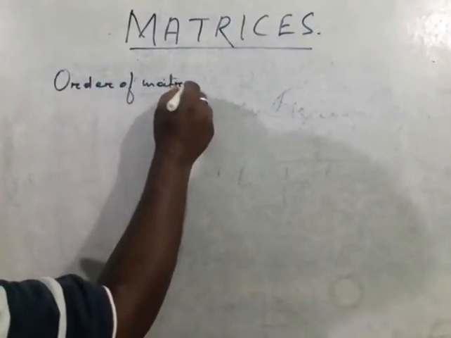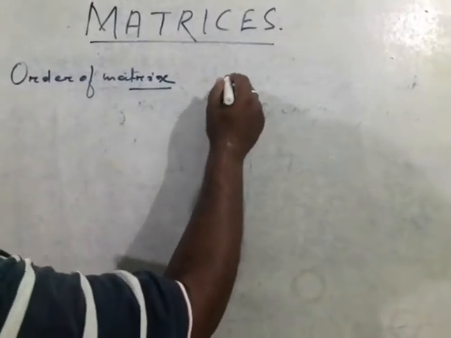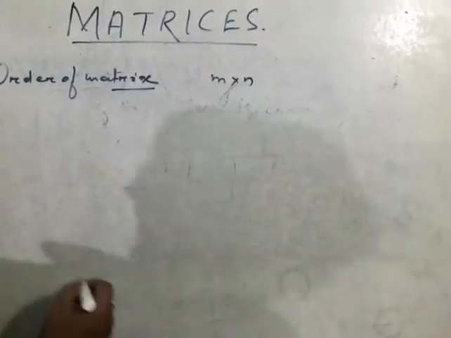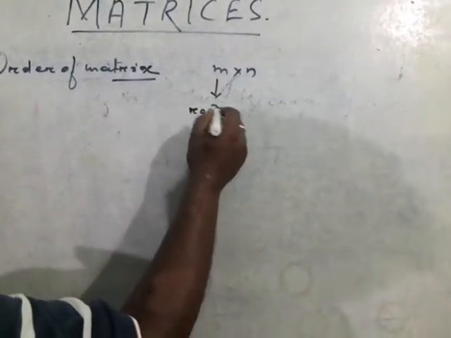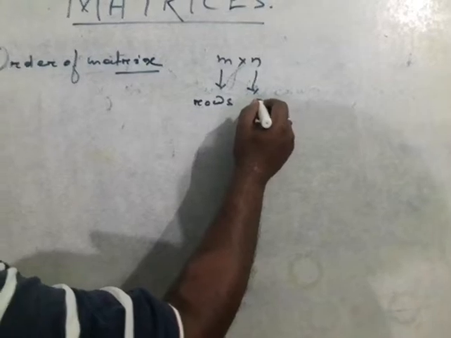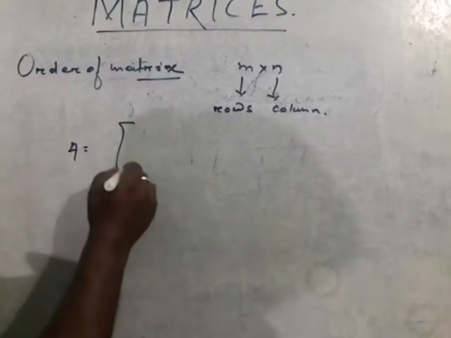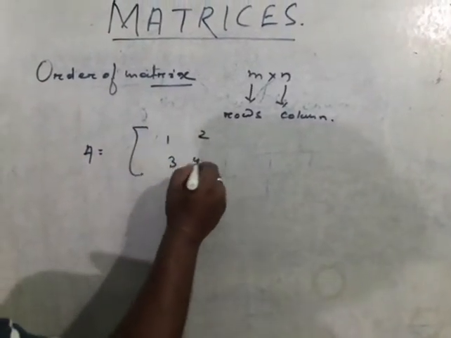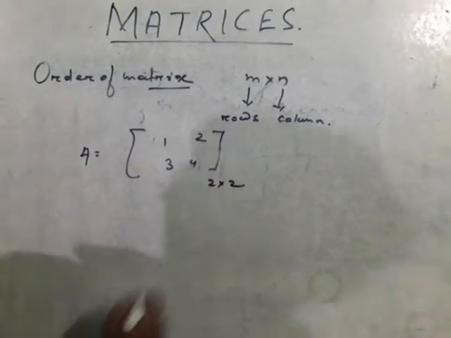Order of matrix can be symbolized as m by n. In this case, m represents the number of rows and n represents the columns. So, for example, when we say A is 1, 2, 3, 4, the order of the matrix is 2 by 2.